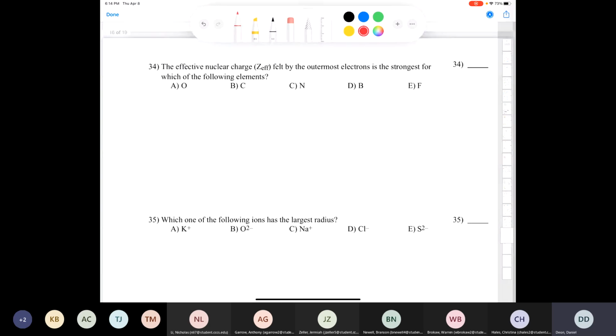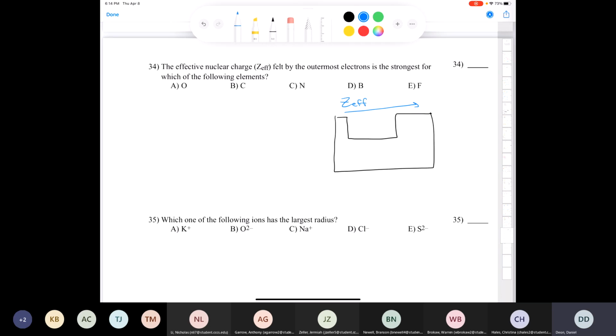Okay, number 34. The effective nuclear charge, Zeff, felt by the outermost electrons is strongest for which of the following elements? We make a little periodic table here. We know that effective nuclear charge increases when we go across a period.